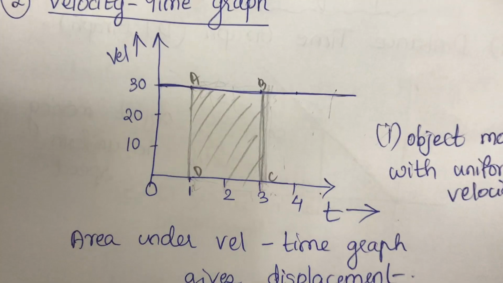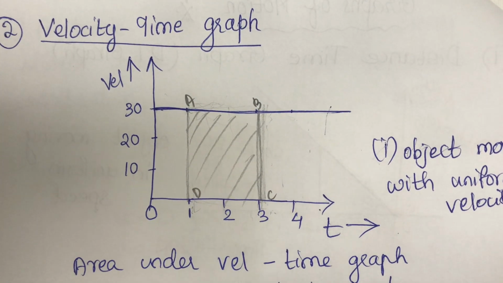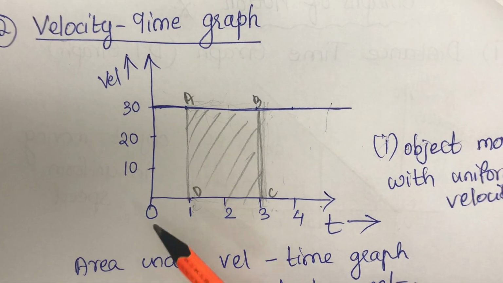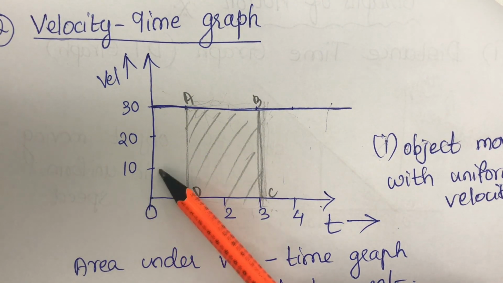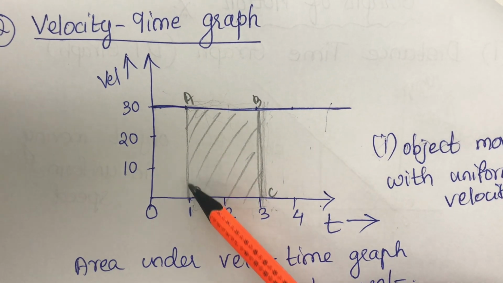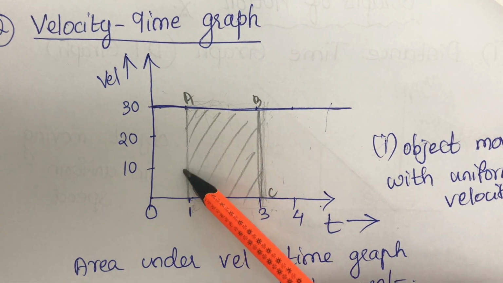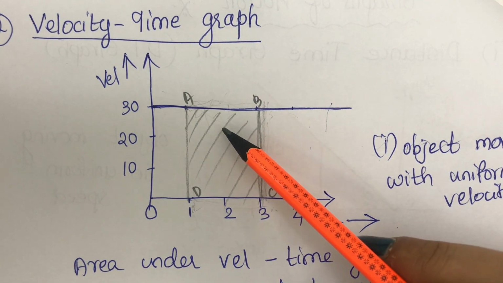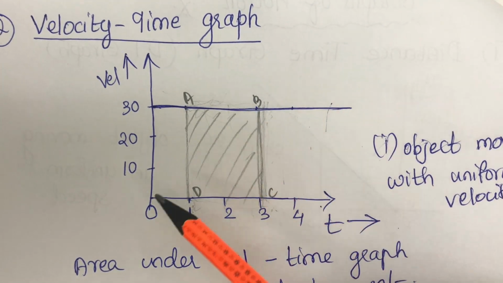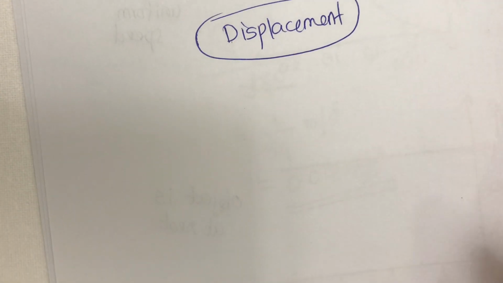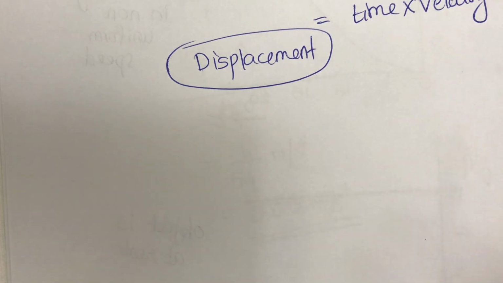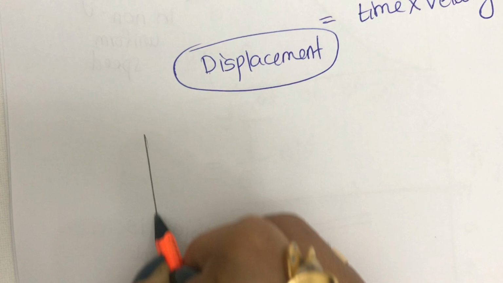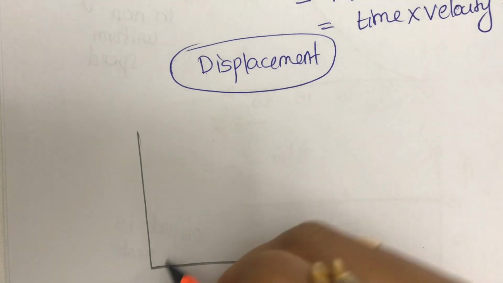Okay. So now what will happen to our velocity time graph if our object is increasing the velocity uniformly with the time? Say in 1 hour it travels 10. In the second hour it travels 20. In the third hour it travels 30. So how will our graph look like? We'll see. So in case of uniform acceleration, that is increasing the speed uniformly, our graph will be like what?